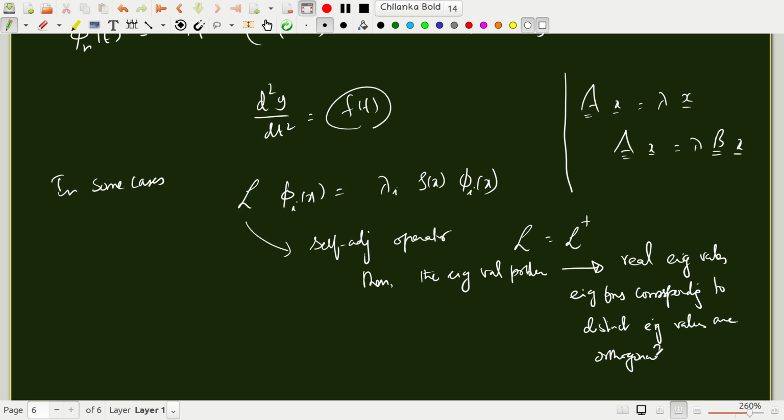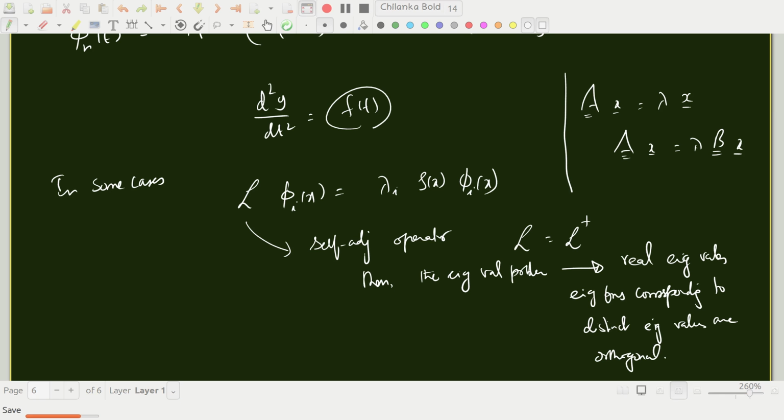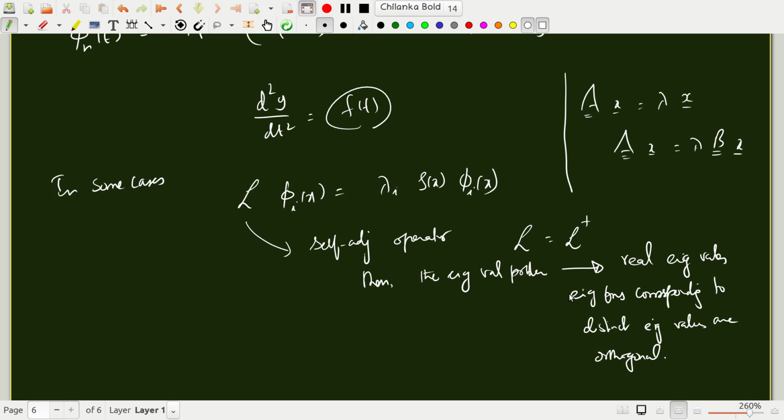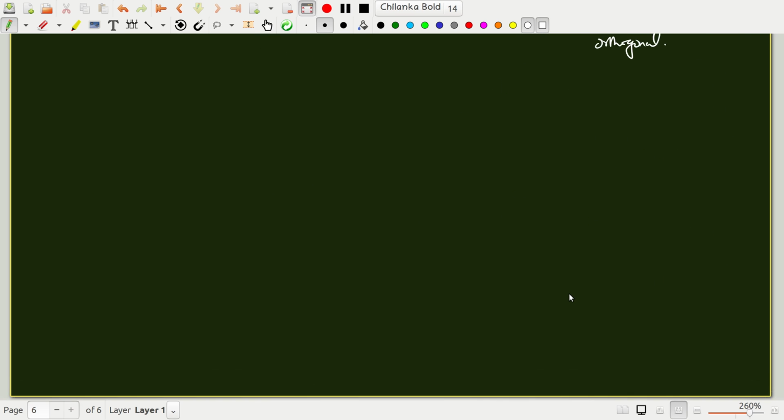This is very similar to what you saw in matrices. The same thing holds in the case of differential operators as well. There is nothing that changes. This is very important to remember, and this is what helps us in solving differential equations using the method of eigenfunction expansions, the fact that you can generate orthogonal eigenfunctions.